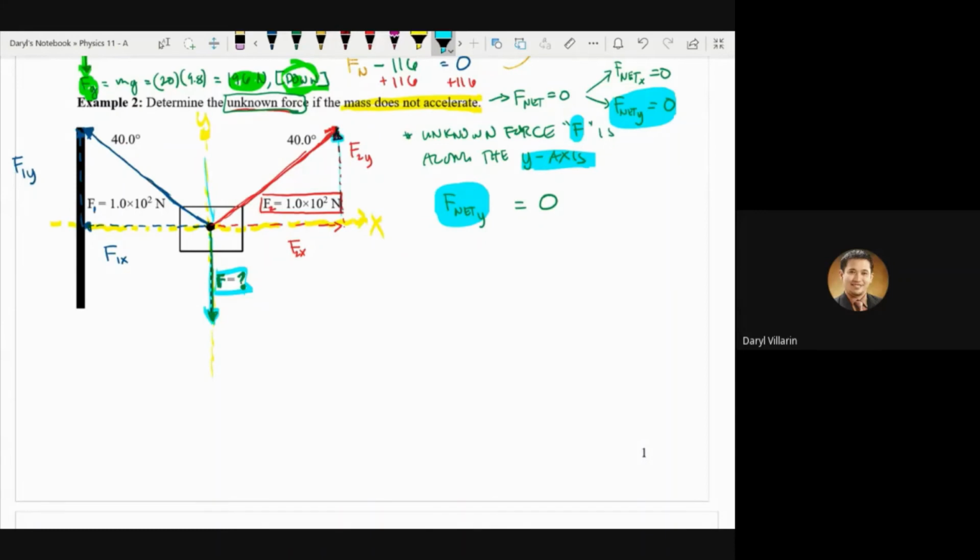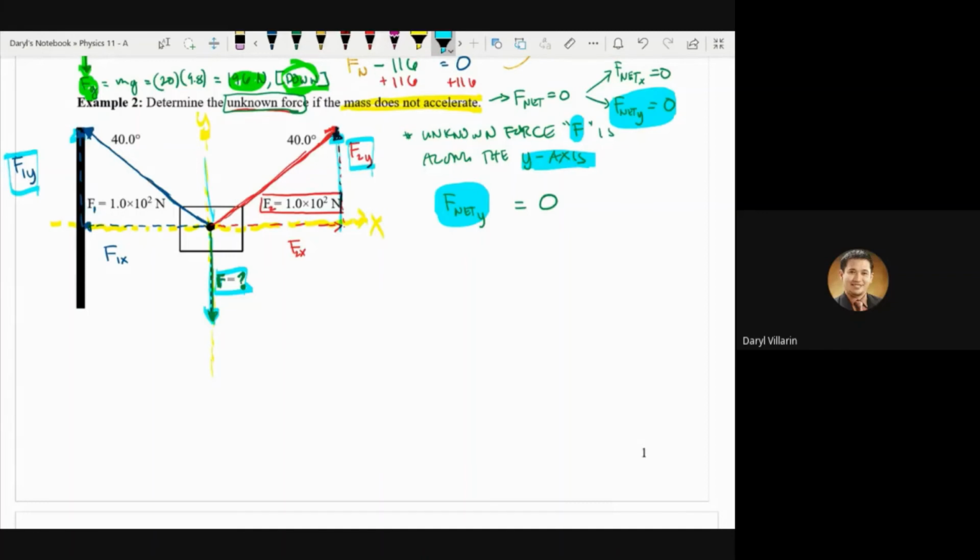So you also have F2, which is upward. Remember, the direction is upward. And you have F1y that is also moving upward. So along the y-axis, or the y components of the forces, you have 3 forces: F1y, F2y, and your F.